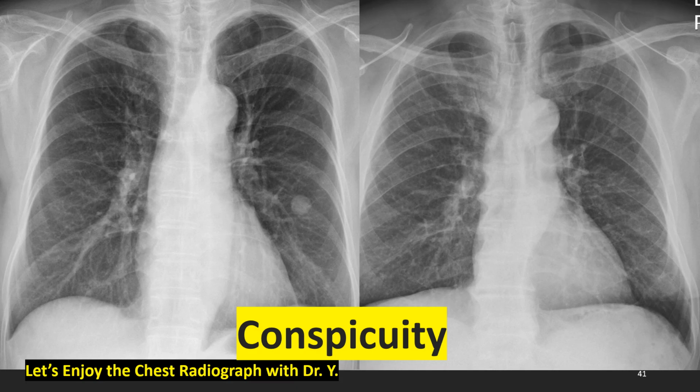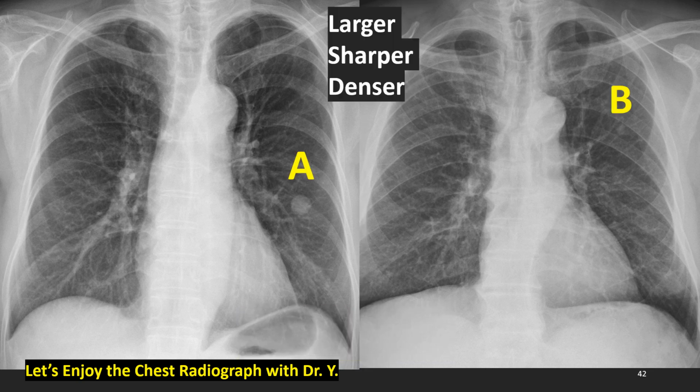Now let's talk about the conspicuity. These two films have a solitary single pulmonary nodule each. Let's find out these two nodules. You got them? Not yet? Sure, you got them. Okay. The teaching point of this slide is the nodule of B. Yes, this one.